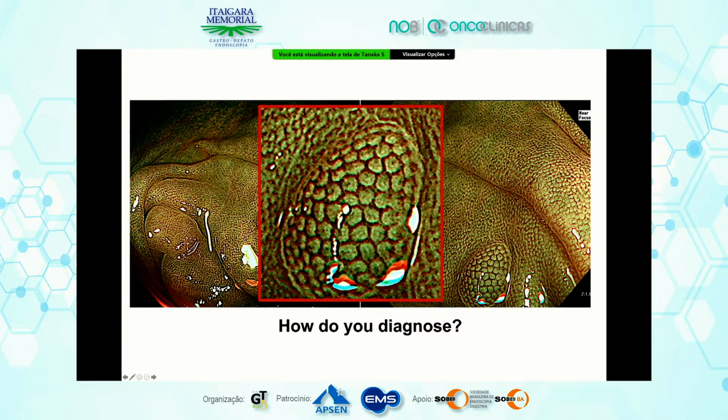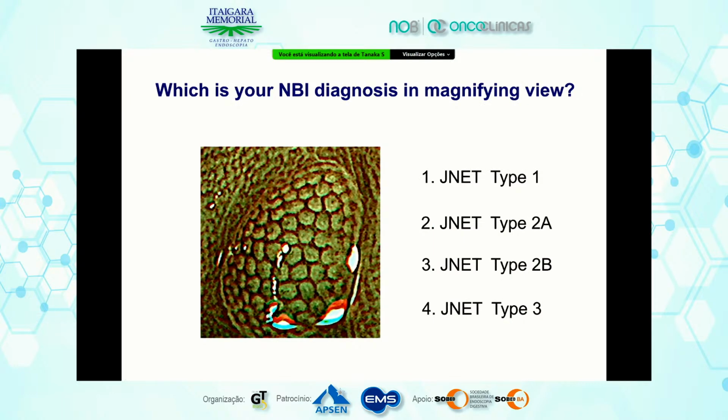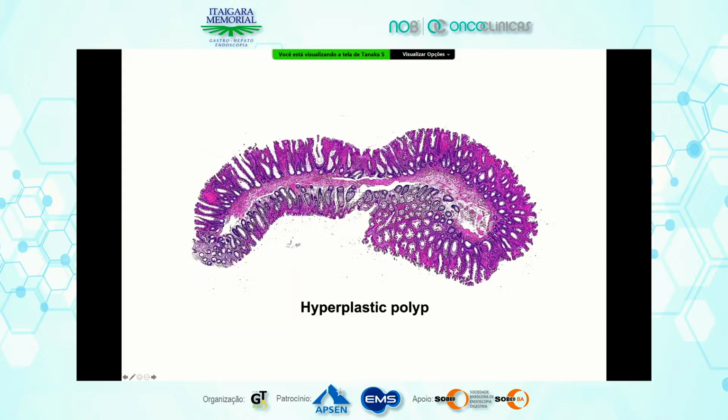So we have to subtract the vessel pattern of the surrounding mucosa from the lesion. This is JNET type 1. So this is the histology of this lesion. This is a hyperplastic polyp. However, this lesion is accompanied by inflammation and a little desmoplasia in the mucosa.